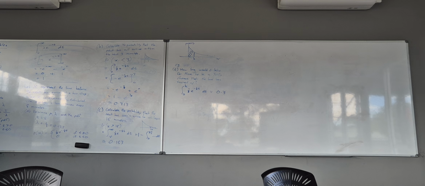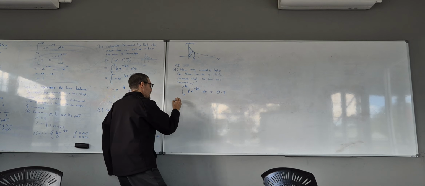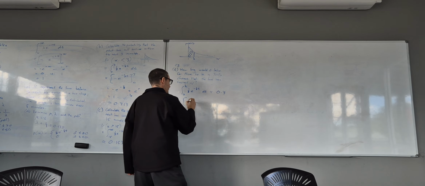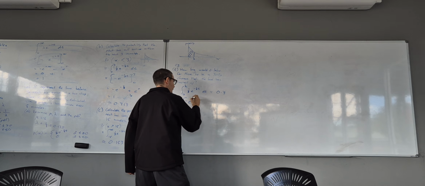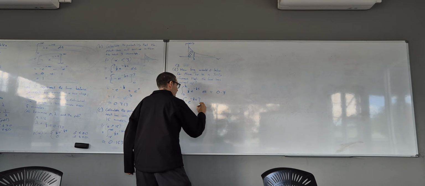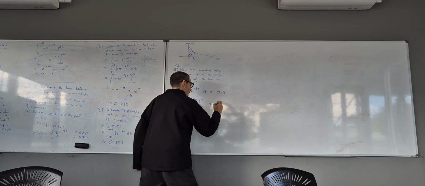You can solve this two ways. You can try using the graphics calculator, or you can do the integral yourself. Let me show you the integral first. So again, we're going negative e to the negative 1/8 t from 0 to b has to be 0.3.